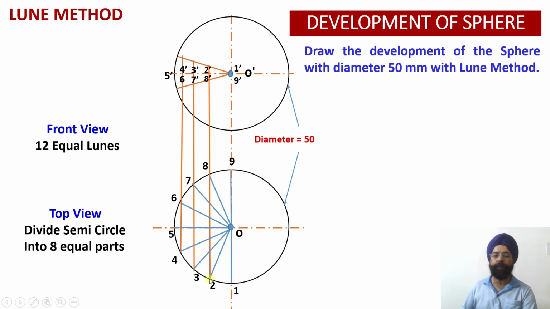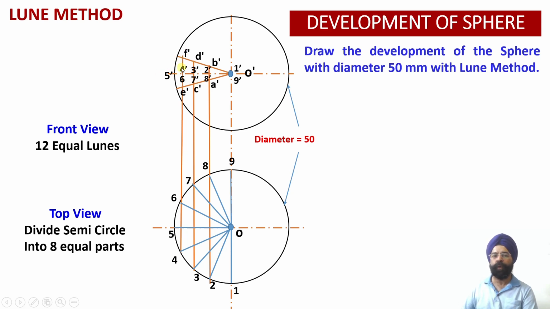So you see, 9 points we had drawn over here in the top view. Now these are the widths, that is corresponding to 2 and 8. My width will be equal to the distance between A dash and B dash. Then at points 3 and 7, my width of the lune will be the distance between D dash and C dash over here.